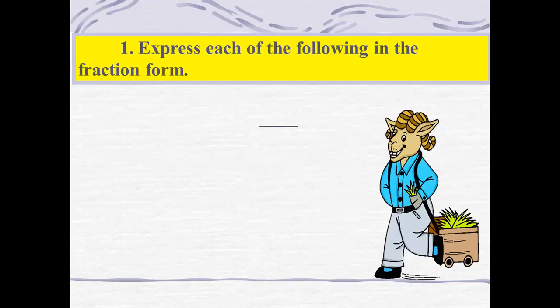Express each of the following in a fraction form. So that is just very easy. We just write that negative index into a fraction or its reciprocal. So letter A, 6 to the power of negative 3, that will be equal to 1 over 6 to the power of positive 3.